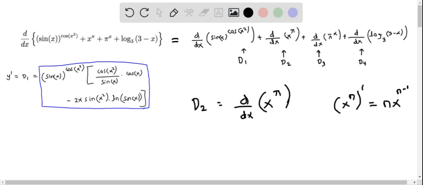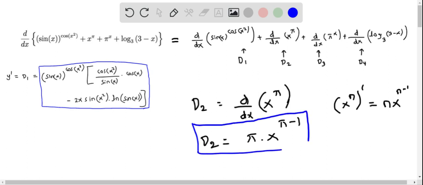So we can apply this rule. Therefore, d2 equals, we put the pi in front and x raised to the power of pi minus 1. So this is the d2. We got the expression for d2, which is pi x power pi minus 1.